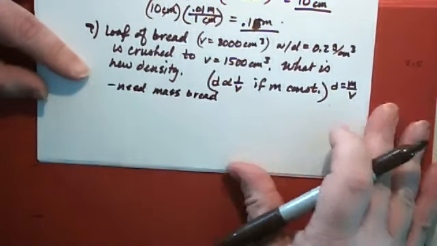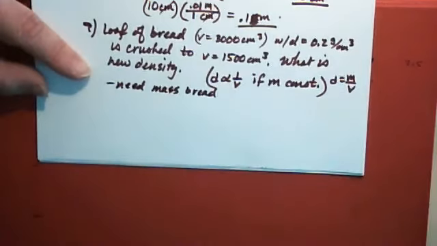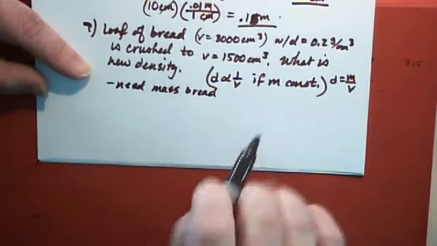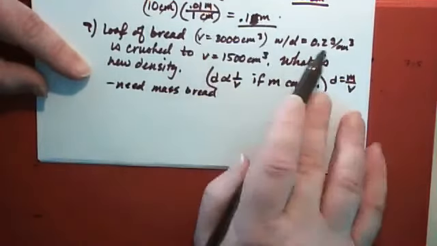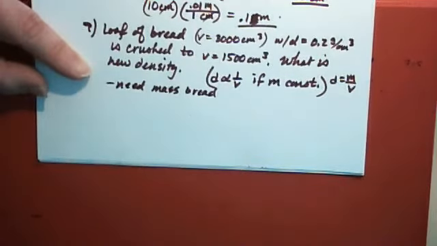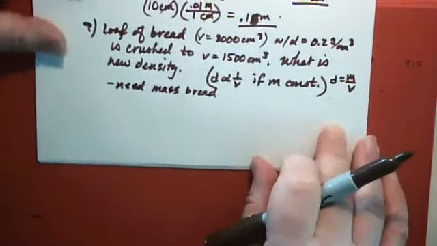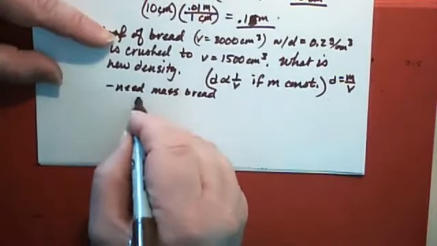First, if you're going to do it mathematically, you need the mass of the bread. The only way we can find the mass is of the bread before it was crushed, because we have the volume and the density for that. Mass is density times volume.